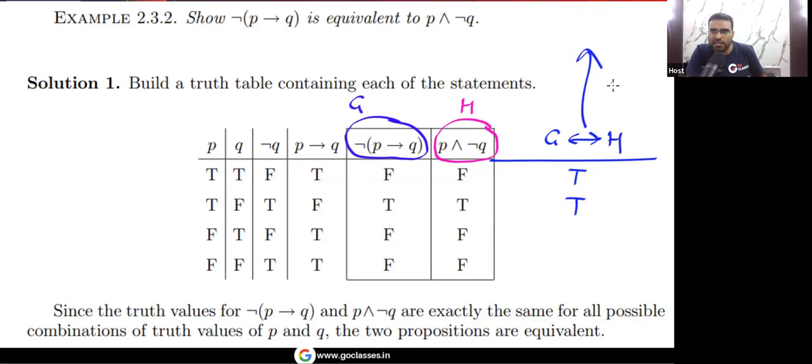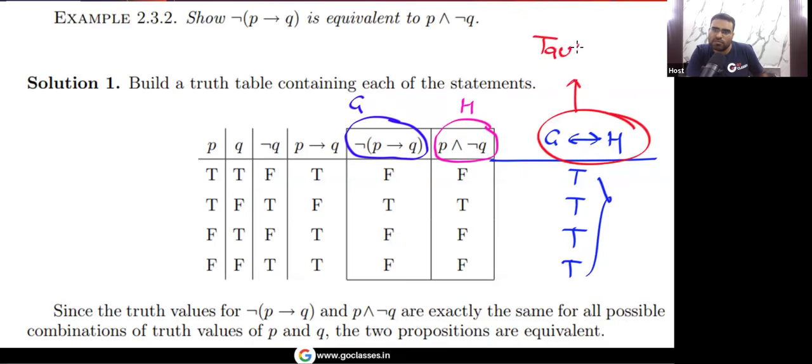You know that biconditional is true when both are the same. So can I say that this biconditional is a tautology? So I can say that G is equivalent to H.